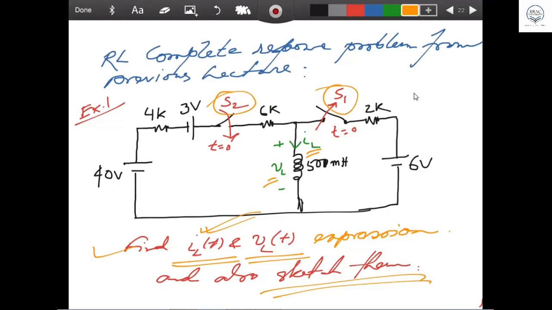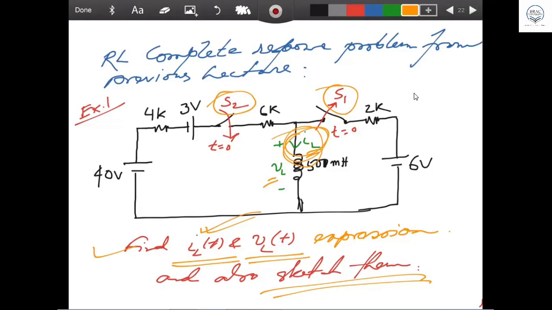That's what I told you in the last few classes. So I think you all understand how to answer the question. First, you have to go for IL. Once you get the IL, then from the IL waveform, you can easily find the VL. You know that VL equals L di by dt, and from that equation, for t less than 0 and t more than 0, you can easily find it.